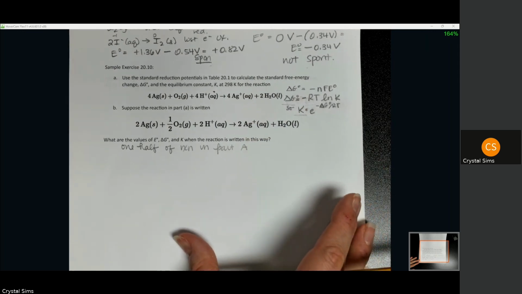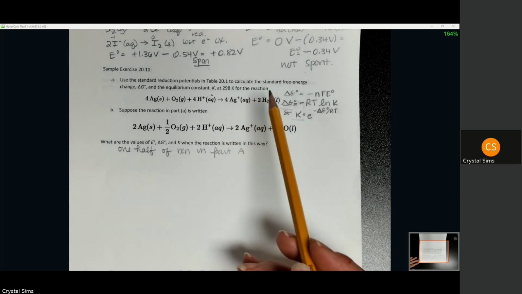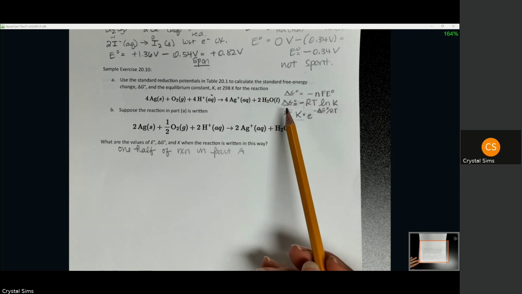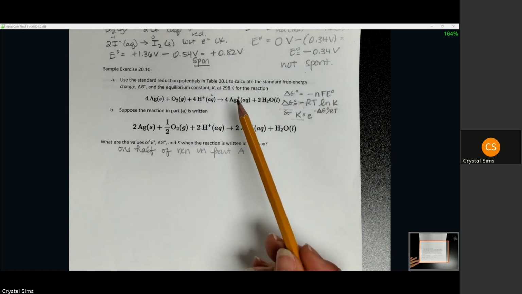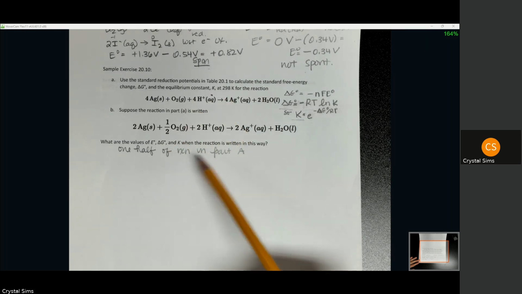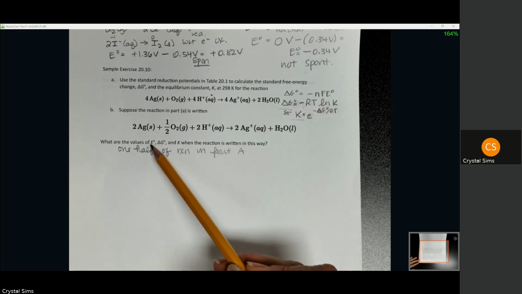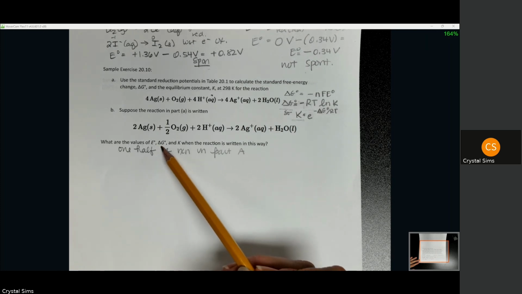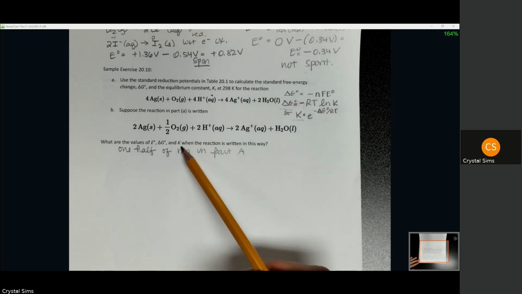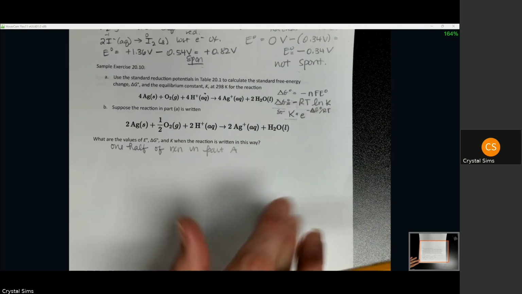So we're given this redox reaction, and they want us to calculate delta G and K for the first one. And then we've got another reaction, which is just this first one, taking 1/2 of that. And they want us to determine our cell potential, change in Gibbs free energy, and our equilibrium constant.